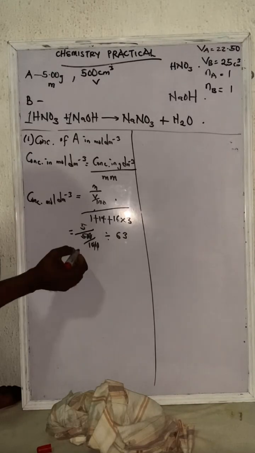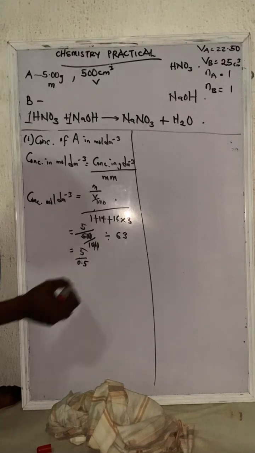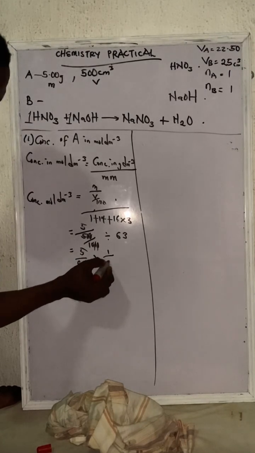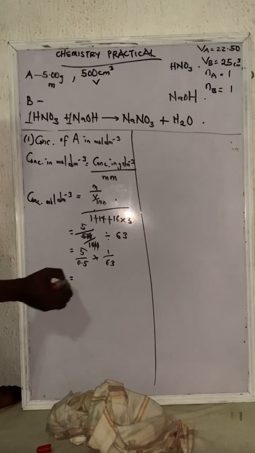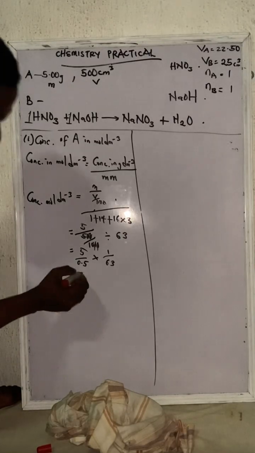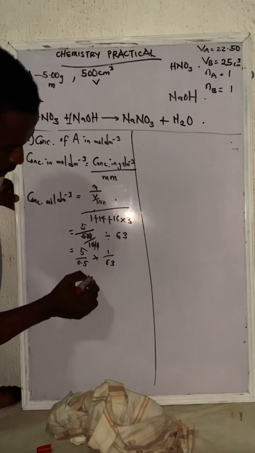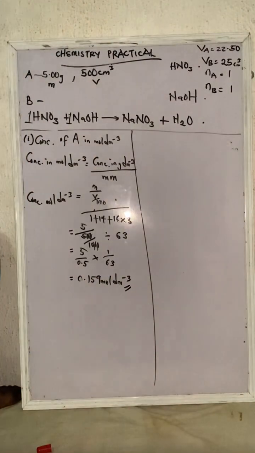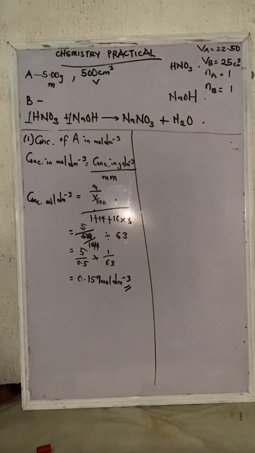So we have 5 over 0.5 times 1 over 63. If you do the calculation, the concentration will give us 0.159 mole per dm cube. So that is the concentration of acid in mole per dm cube.